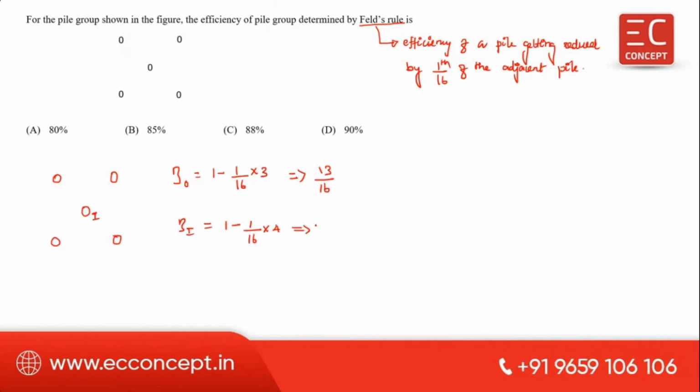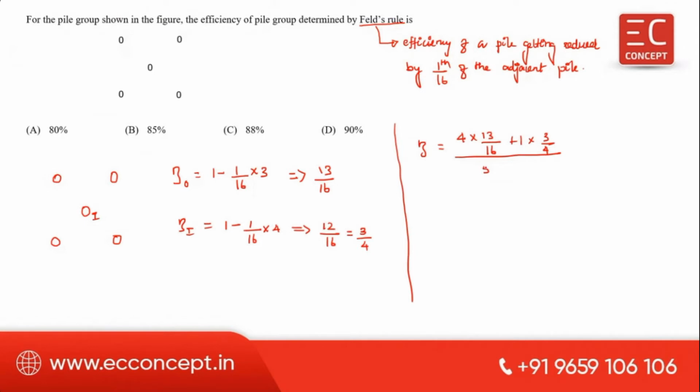So it is 12 divided by 16, which is 3/4. Now the overall efficiency is: there are 4 outer piles, each with this efficiency, plus 1 inner pile with 3/4, divided by the total number of piles.